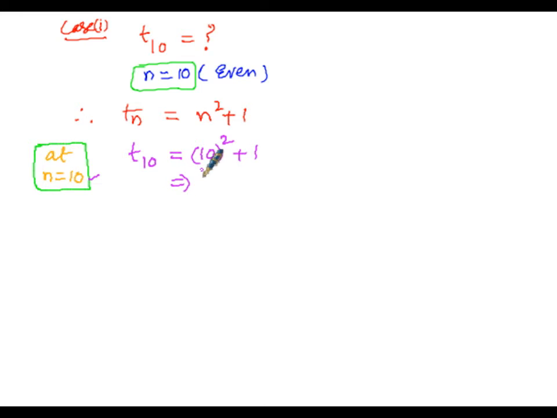So 10 square means 10 multiplied twice, 10 into 10 is 100. Then plus 1, that implies 100 plus 1 is 101. In this manner, the 10th term T10 is 101.